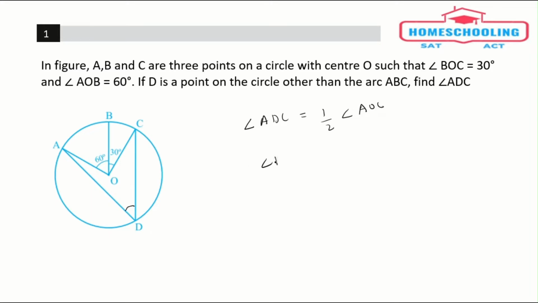So angle ADC would be half of 90, which is 45. Hence the answer is angle ADC equals 45 degrees.